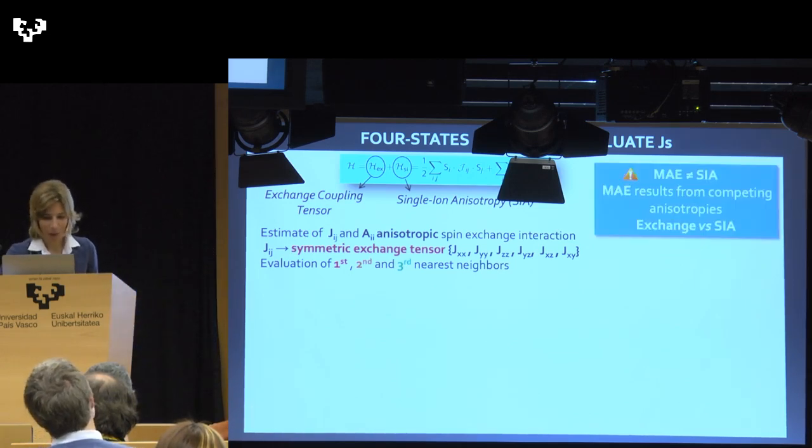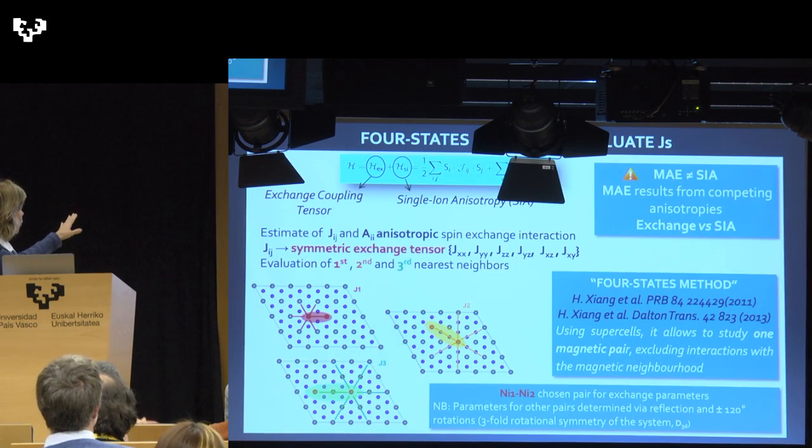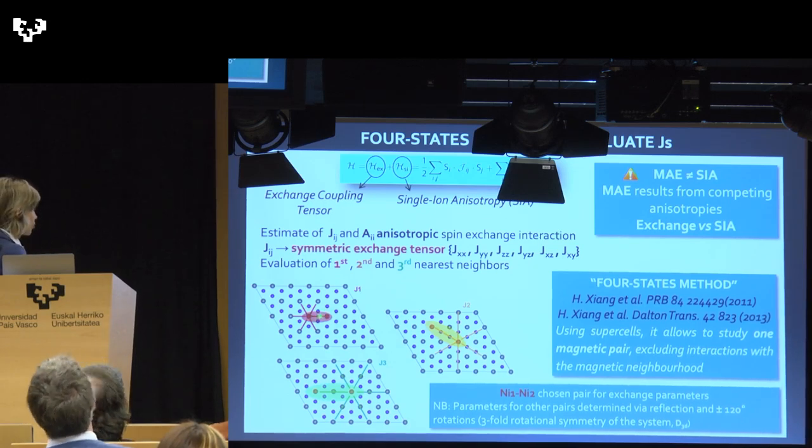However, what you do here is you select, let's say, okay, I think I have a slide later on that shows this better. So let me show you here what you do. Basically, you select a couple, and then you calculate the exchange only for this couple. In this case, this is the first neighbor, second neighbor, and third neighbor.